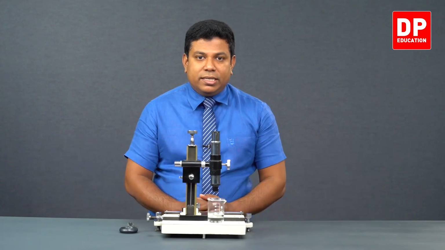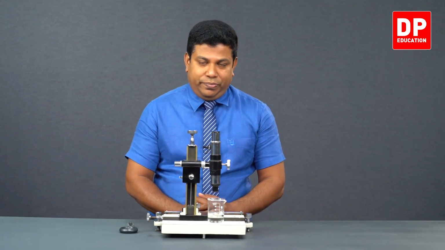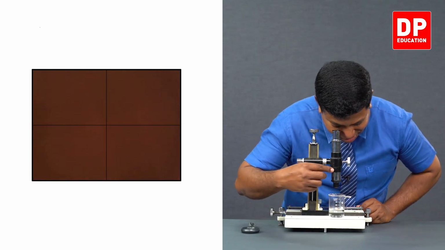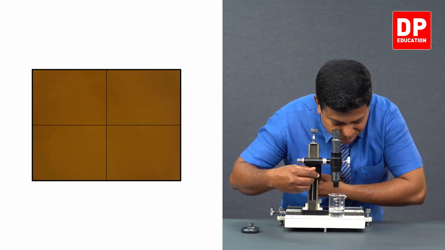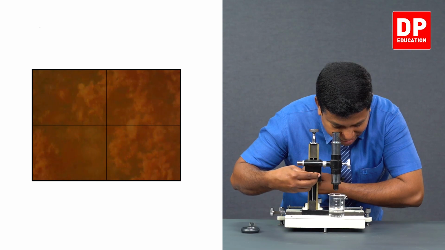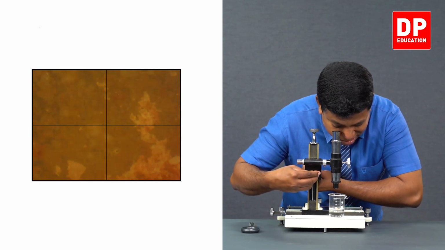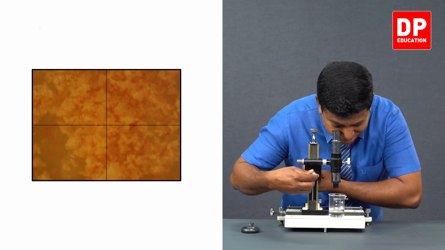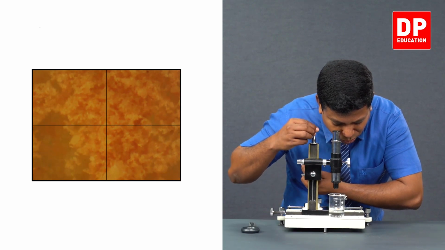Let's focus and find the depth of this water. Let me check this through the eyepiece. I don't see a clear image. Let's adjust the height. Now let's fine tune with the vertically fine tuning screw.